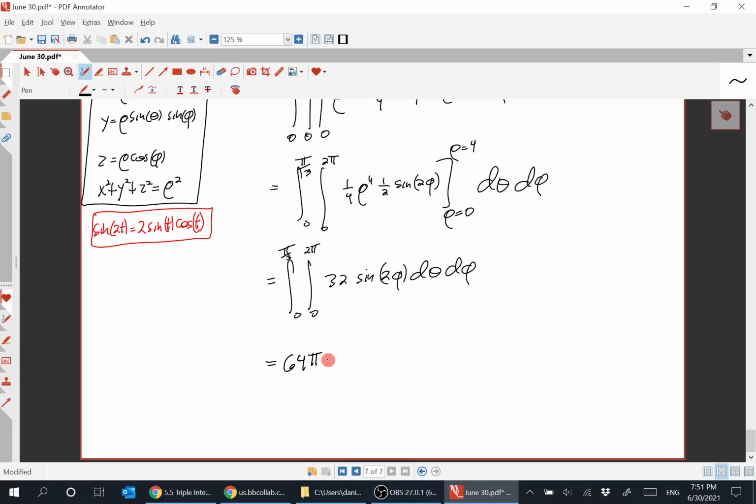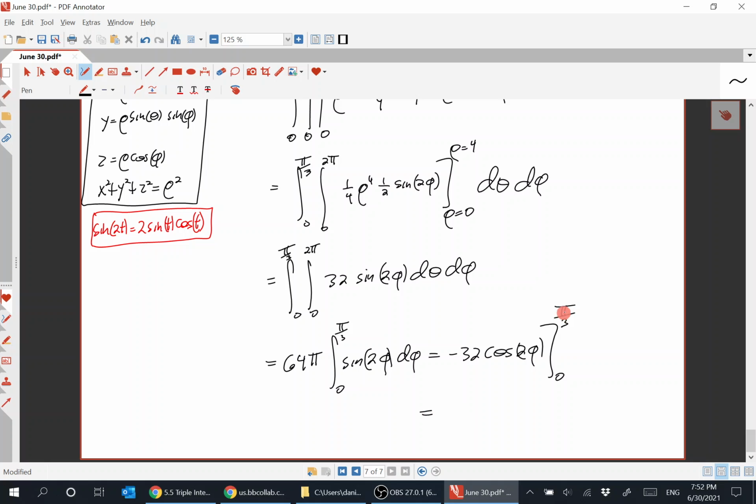So 64 pi, 0 to pi over 3, sine 2 phi d phi. Antiderivative of sine 2 phi is negative 1/2 cosine 2 phi. So that's minus 32 cosine 2 phi from 0 to pi over 3.